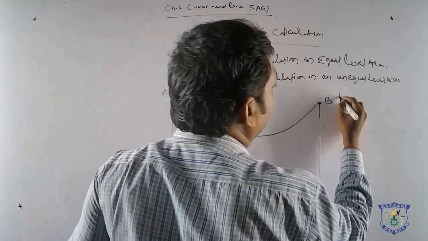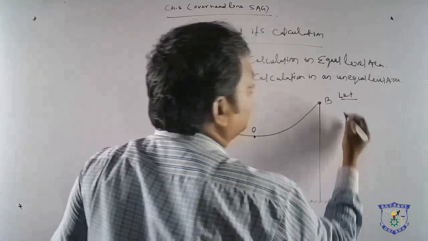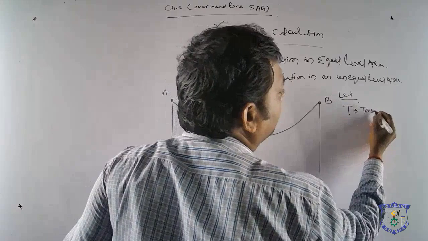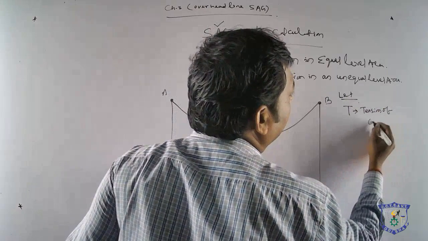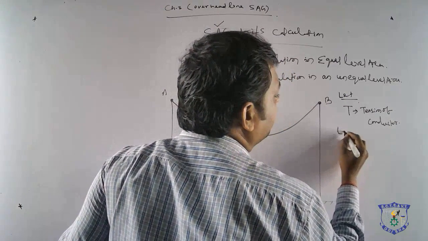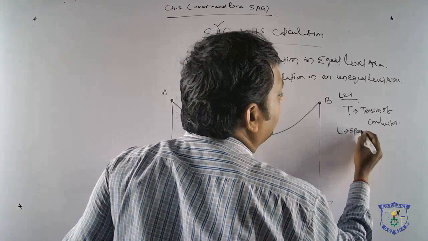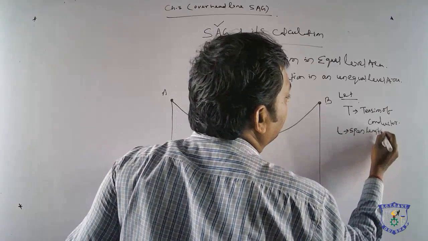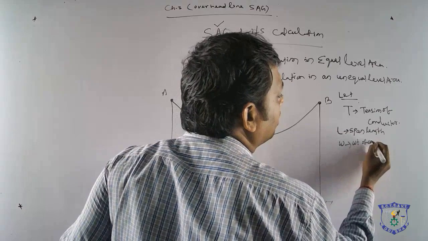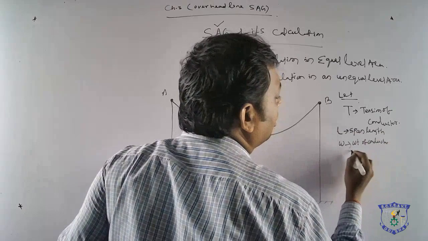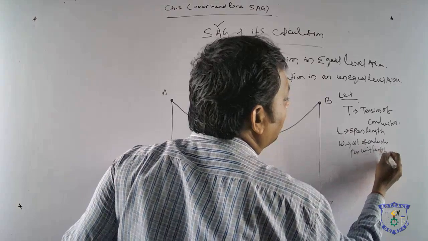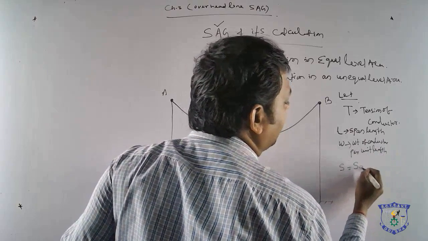Let P be the tension of the conductor, L the span length, W the weight of the conductor per unit length, and S the sag.